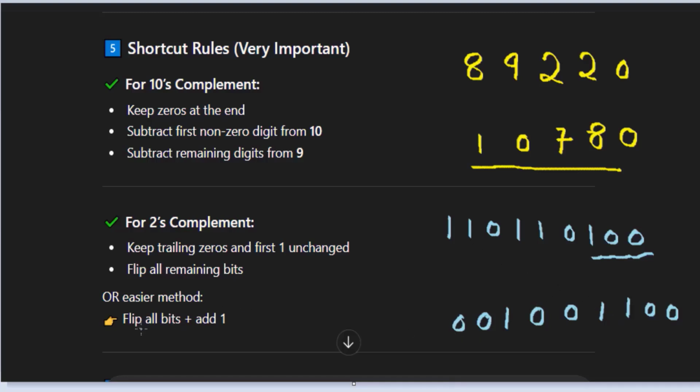And about this one, they say to flip all bits. So remember this one: flip all bits. First I will flip all of these numbers, so every 1 will be turned into 0, and I get 0 1 0 0 1 0 1 1. So I have flipped all of these bits. Now I have to add 1. When 1 is added to 1, this is binary, so I will get 0 and 1 will be carry.